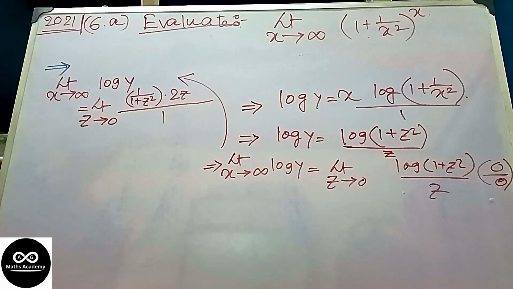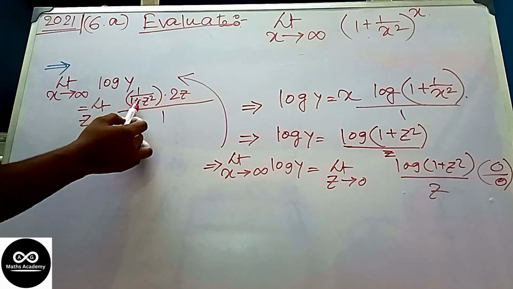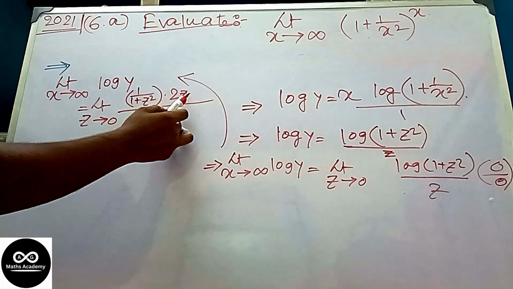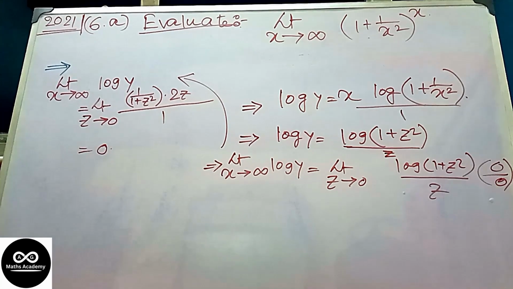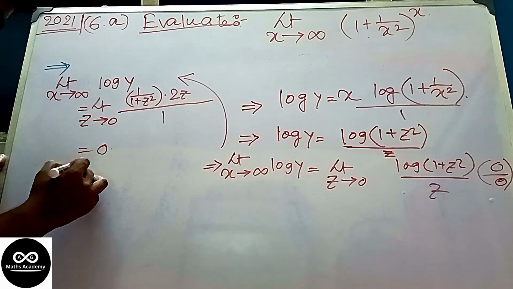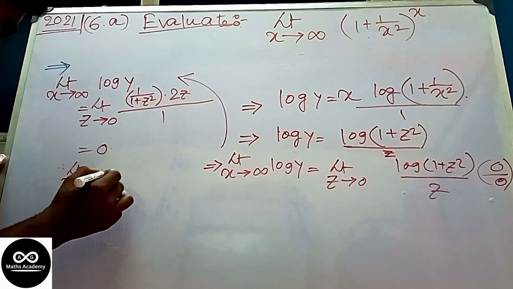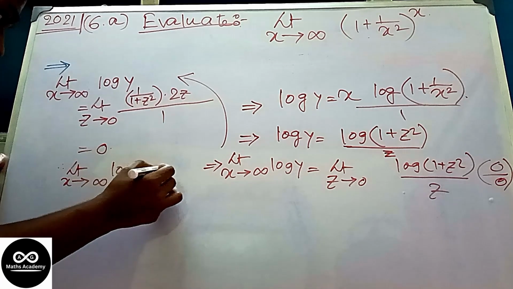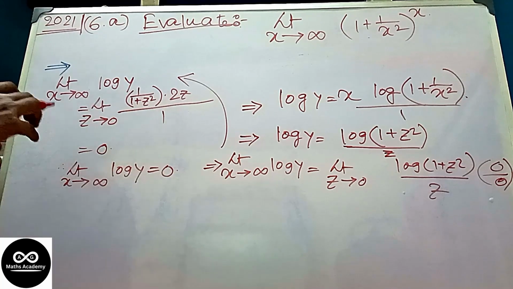Now we are putting z equal to 0, so this becomes 1 plus 0, it becomes 1, and 2z becomes 0, and the whole thing becomes 0. So we get limit x tends to infinity log of y equal to 0.